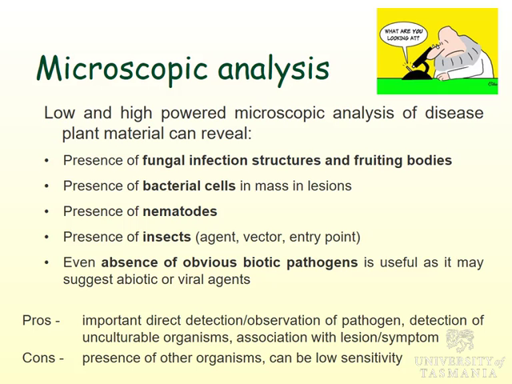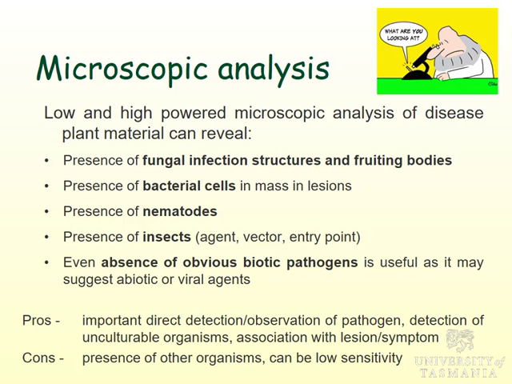You don't see any presence of a pathogen. That might suggest to you, A, it's potentially a virus, or B, what would the other thing it could be? Yellowed leaves and no pathogen present: a nutrient deficiency. So you've got yellowed leaves, gee, could it be a nutrient deficiency or could it be a virus? Then you can maybe go and do additional virus tests, for example, and see if it's that.